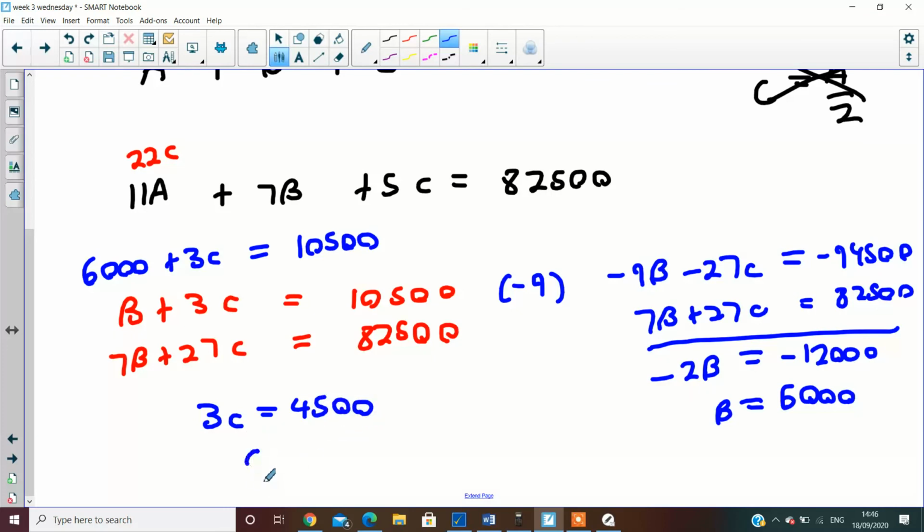Divided by 3, and C equals 1,500. And we're in business because A equals 2C. So what will A equal? 3,000. And what happens when you add them all together? You get 10,500. We're good to go.